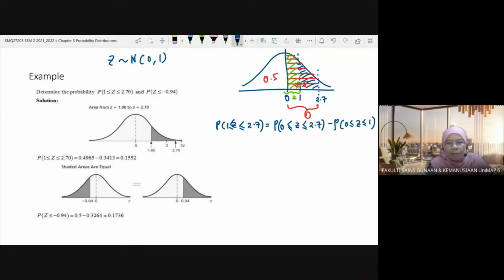Okay, so that will be my first understanding in terms of what minus what. Then from this one, I need to look at my table. From 0 until 2.7 means that our Z here is equal to 2.7 and our Z here is equal to 1. So look for 2.7 and 1.